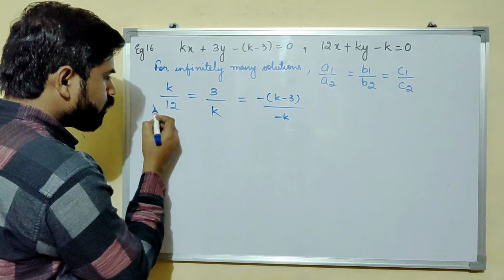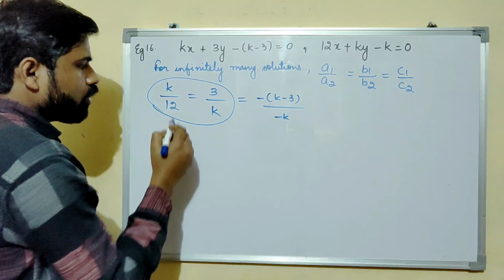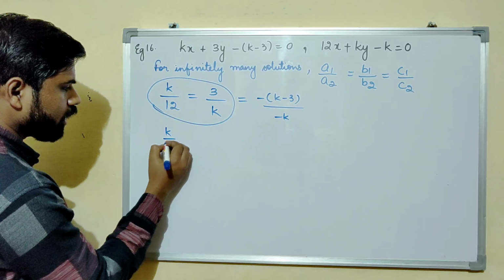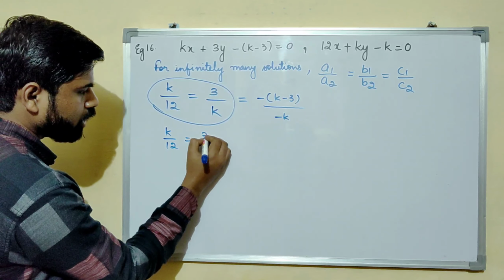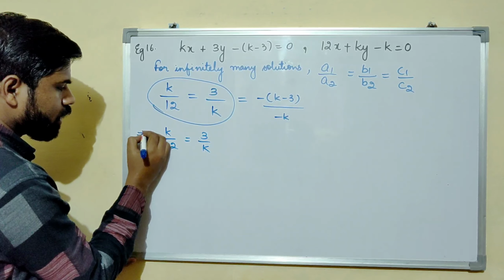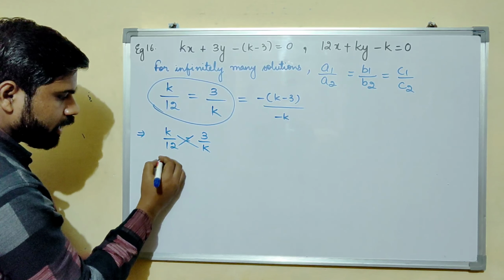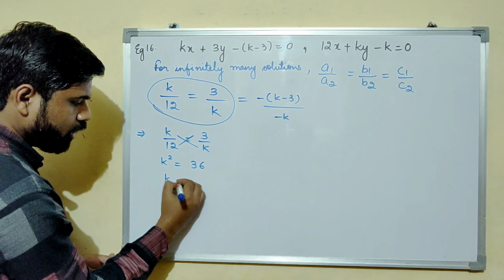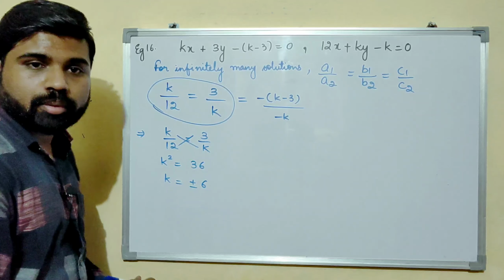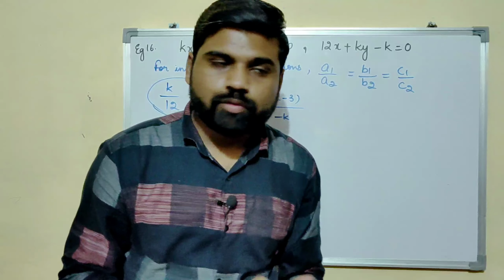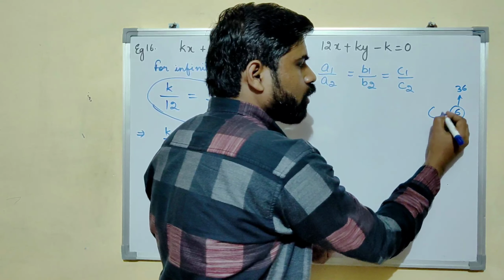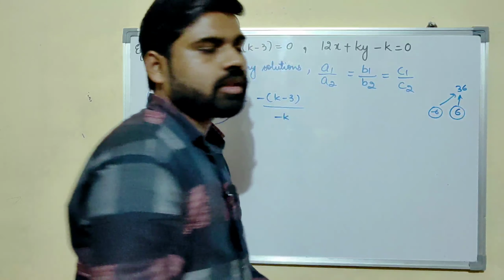Now let us simplify these two equalities. So let us say that k upon 12 equals 3 upon k. Cross multiplying, you will get k square equals 36, or k equals plus minus 6, because the square of positive 6 is also 36 and the square of minus 6 is also 36.